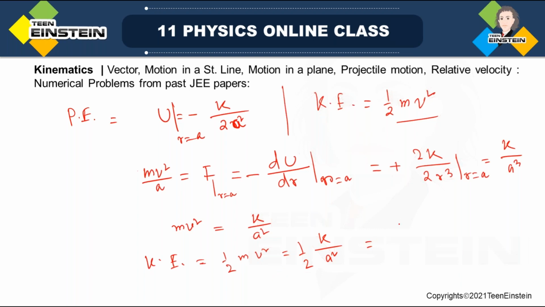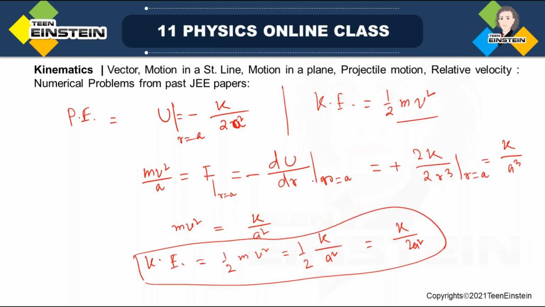So what we have got? k by 2a square. Now see, I have got kinetic energy over here and potential energy as this. Potential energy we have got minus k by 2a square.